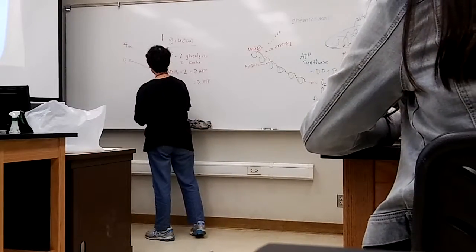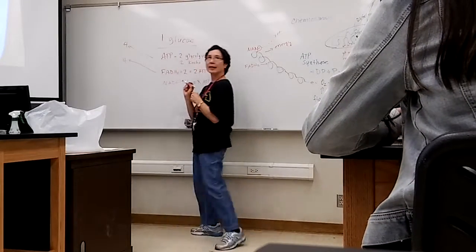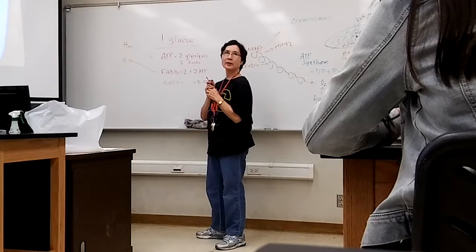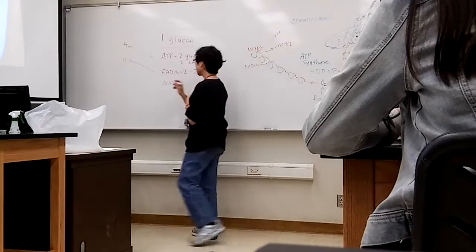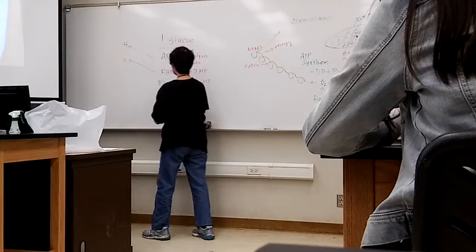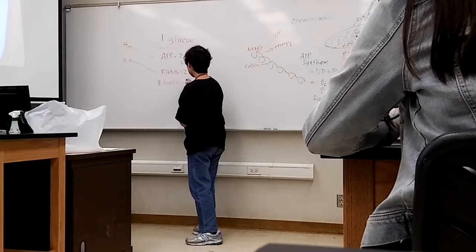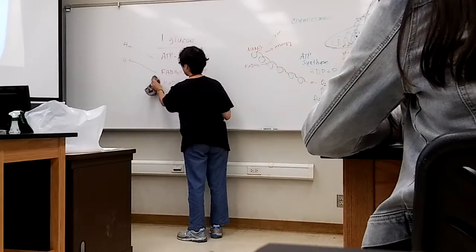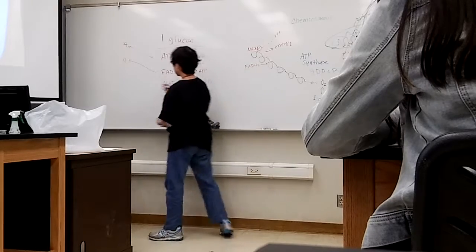We have 8. How many in the glycolysis? 2. How many in the Krebs cycle? 6. We have 8. Oops, should put 8 here, sorry. 8. So how many do we have? 24.